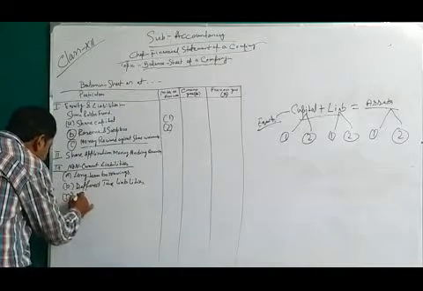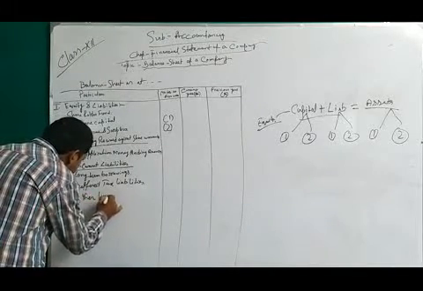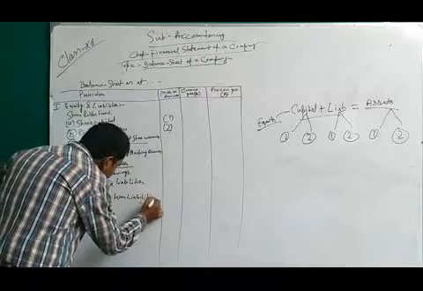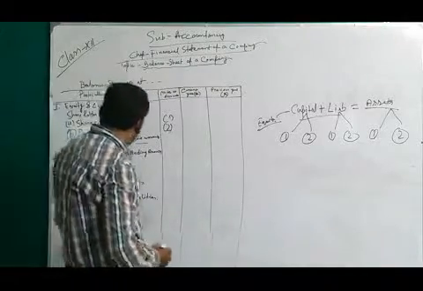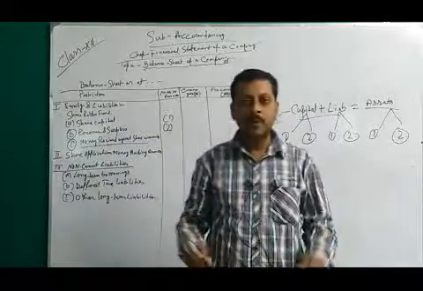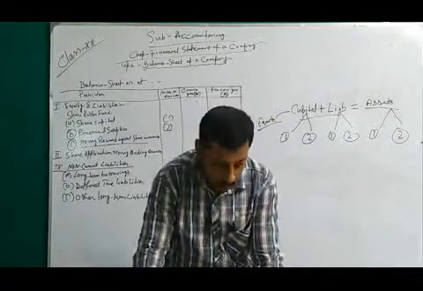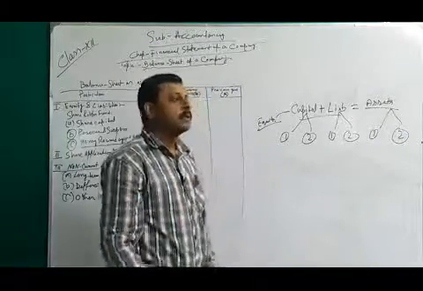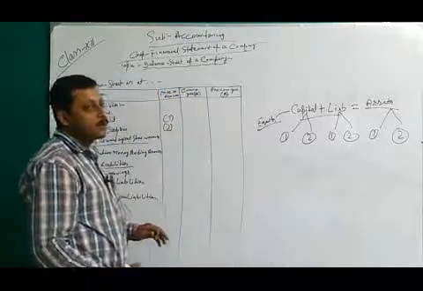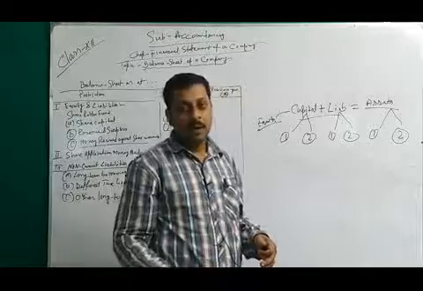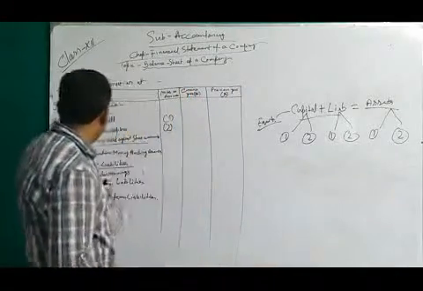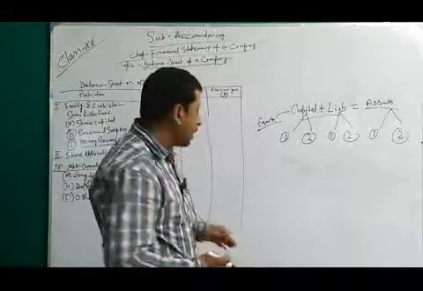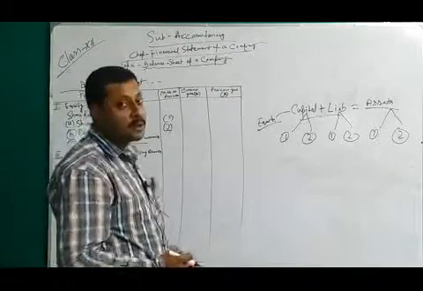What is other long-term liabilities? Suppose you purchase machinery and you don't pay immediately. You take this machinery in installments, which we call EMI. In long-term borrowings you take the loan in the form of cash, but here you take the loan in the form of different installments.